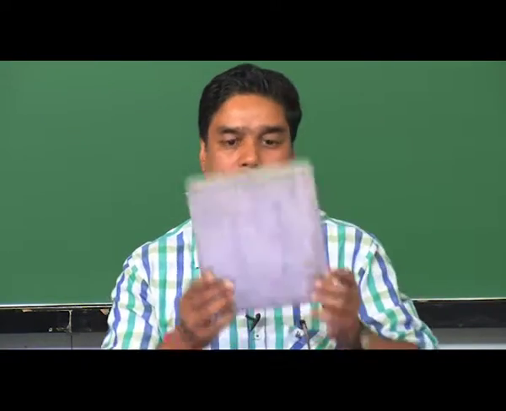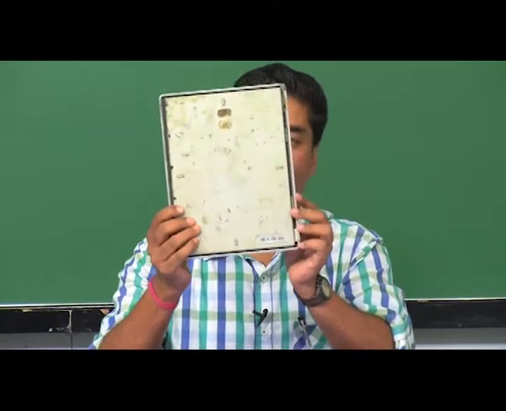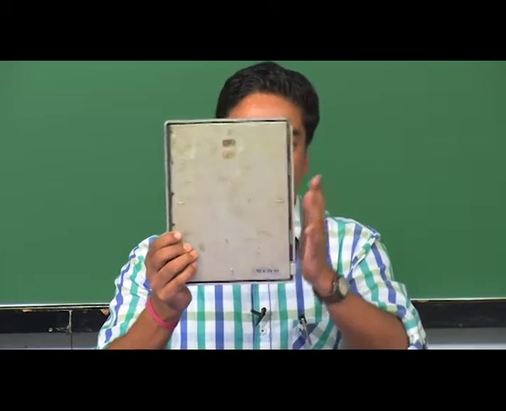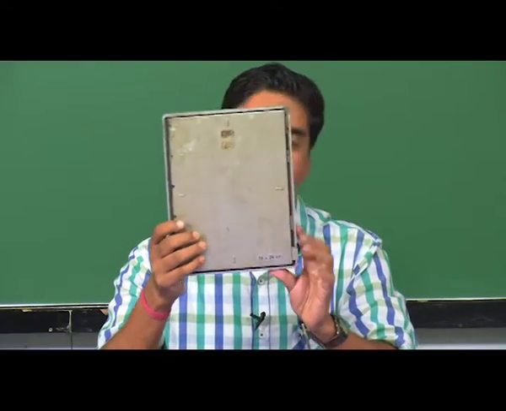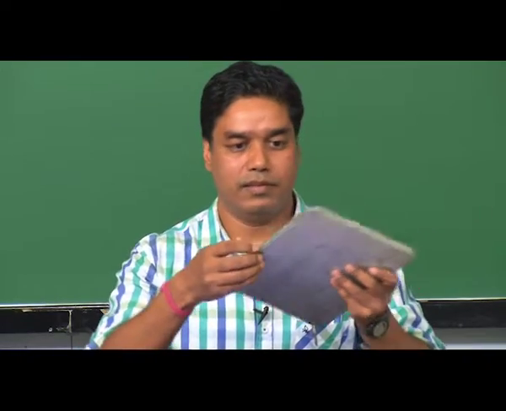This kind of sample holders that you see over here are available in different sizes depending on the size of the sample that you have, and it has a chamber inside.